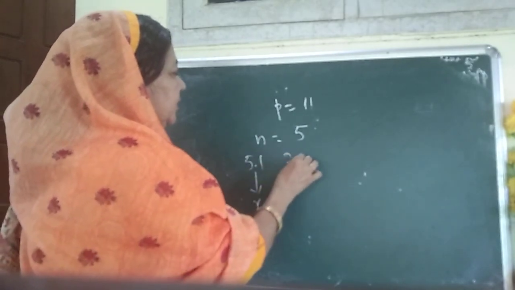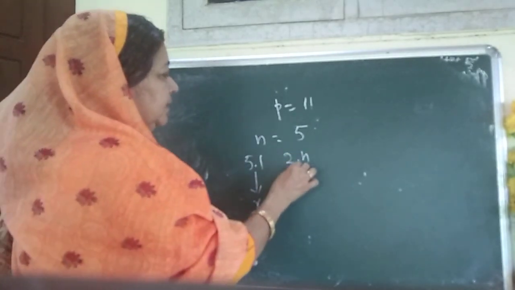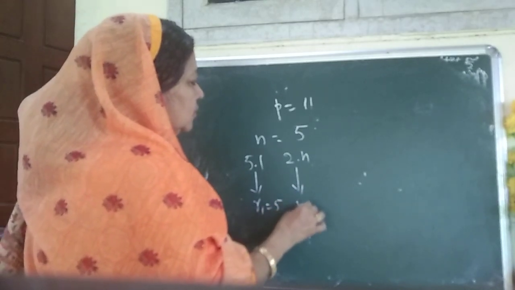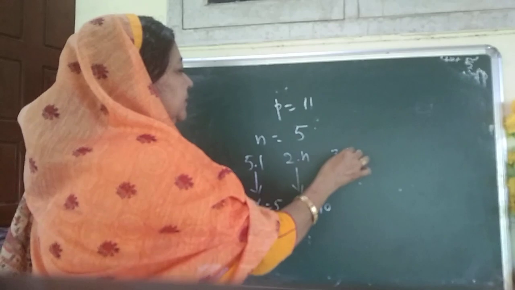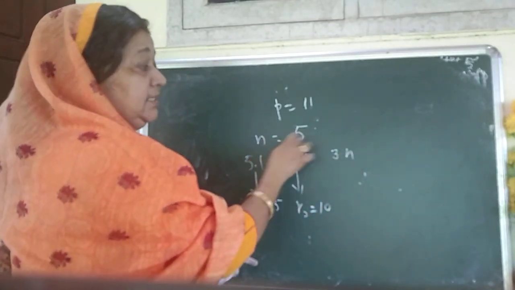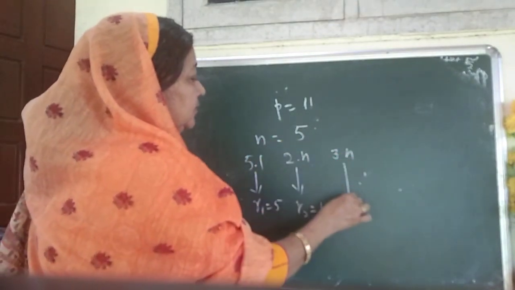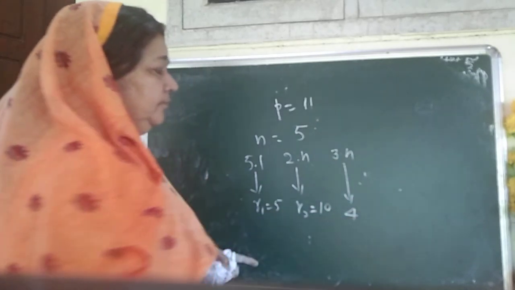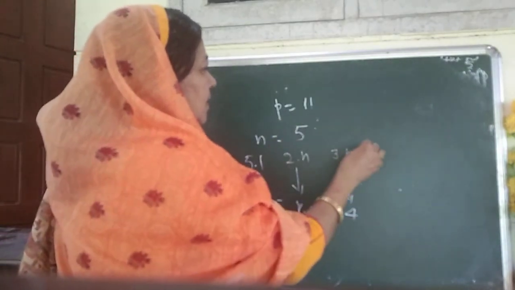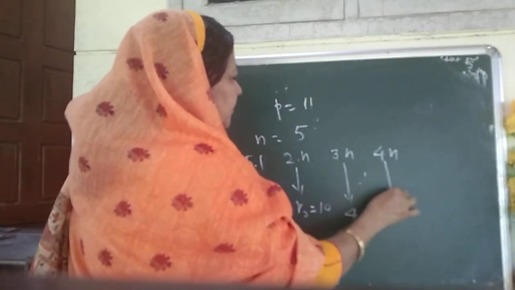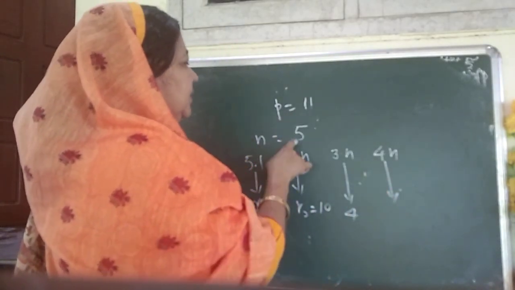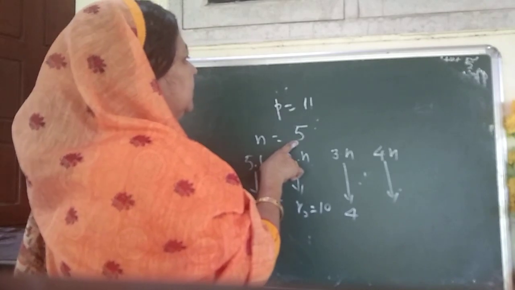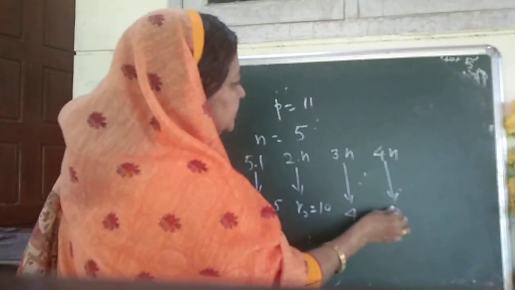Similarly, 2 into n is 10, so the residue r2 is 10. 3 into n is 15, and the residue on dividing by 11 is 4. Then 4 into n is 4 into 5, which is 20, and 20 by 11 gives residue 9.